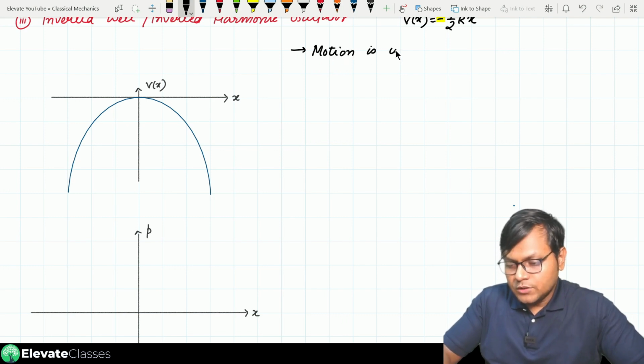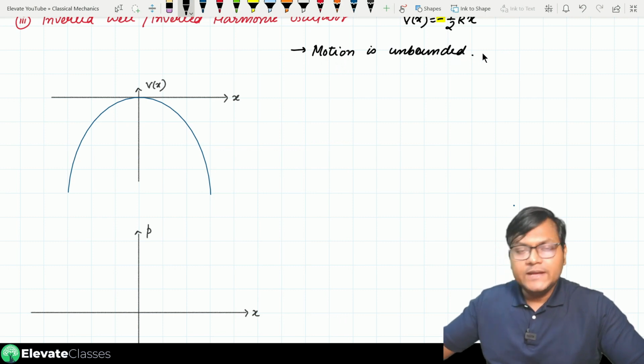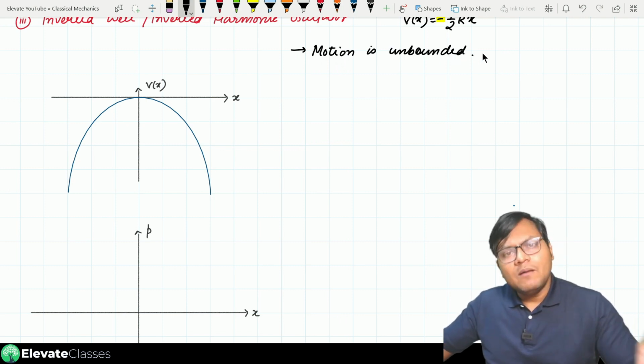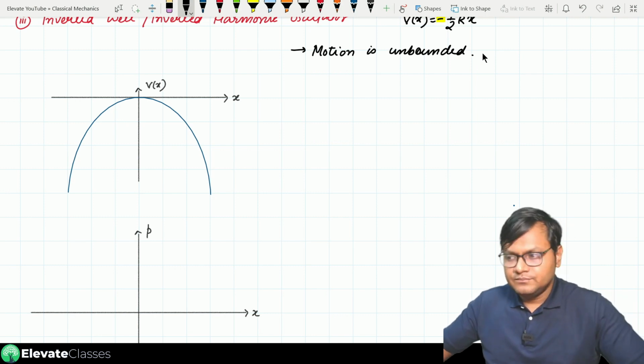Motion is unbounded. मतलब जो भी particle होगा, जो भी system होगा, it will interact with the potential, but it will come from infinity and go back to infinity. It will never be restricted to one given region.